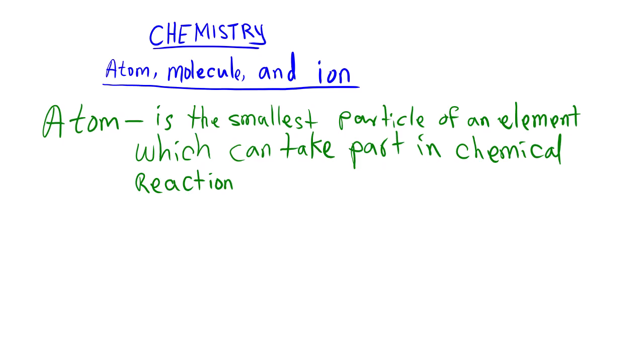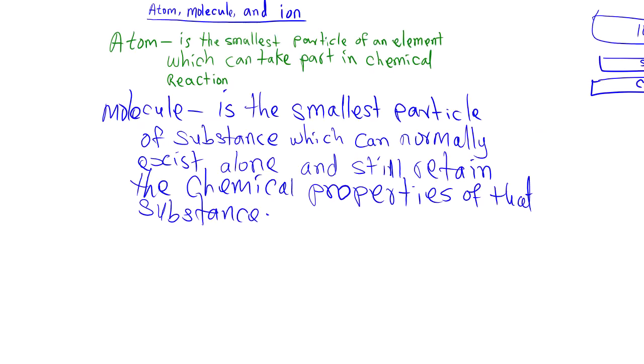So now let's define molecule. The definition of molecule is that molecule is the smallest particle of a substance. Remember, in defining atom we said it is the smallest particle of an element.